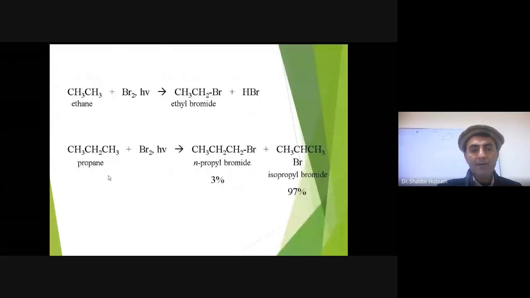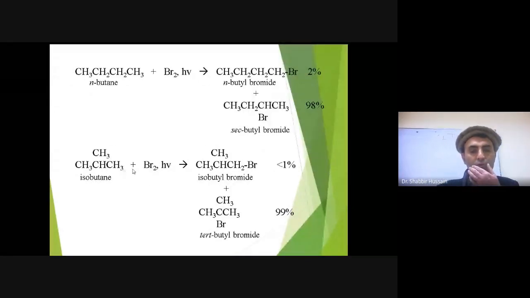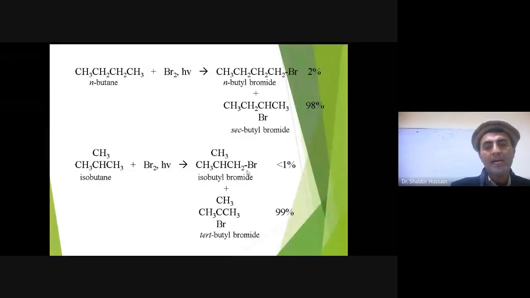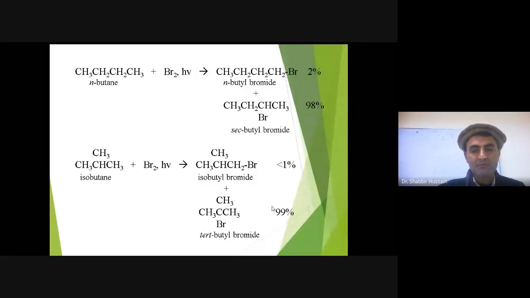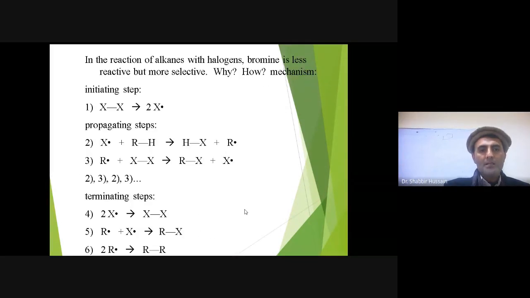So in case of isobutane, when isobutane reacts with bromine through photochemical reaction, we are getting less than 1% isobutyl bromide and tertiary butyl bromide in 99% product, right? Because bromine is more selective than chlorine. No doubt, chlorine is more reactive, right?